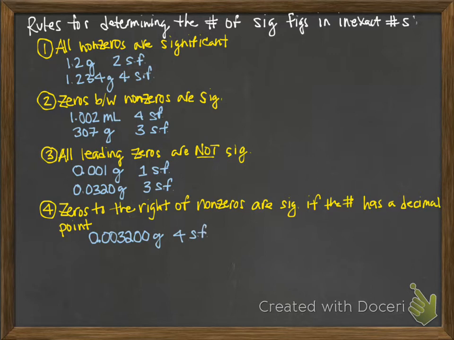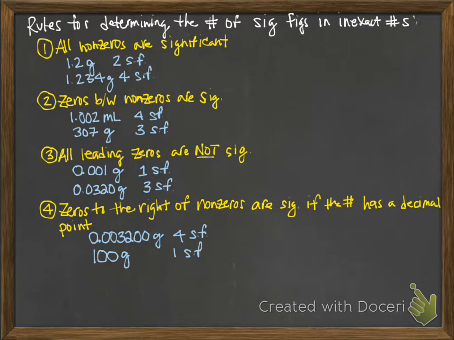Okay, next one. How about just 100, 100 grams? Some textbooks do this differently. I'm going with your Zumdahl text, and basically, we have zeros to the right of our non-zero. There's no decimal point at all, so we only have 1 sig fig here. Sometimes this can be considered ambiguous.